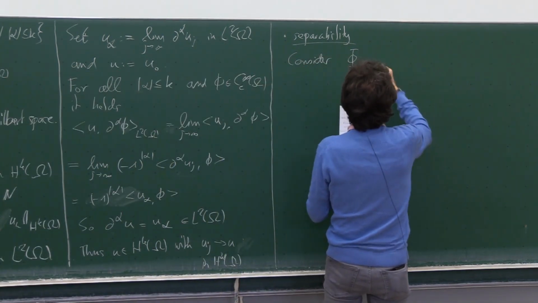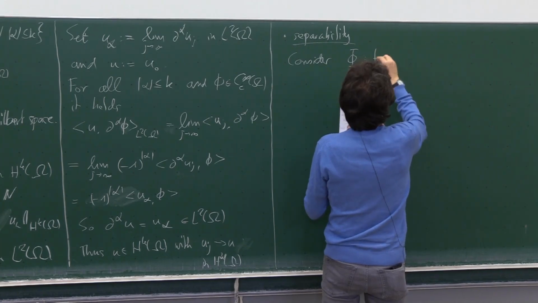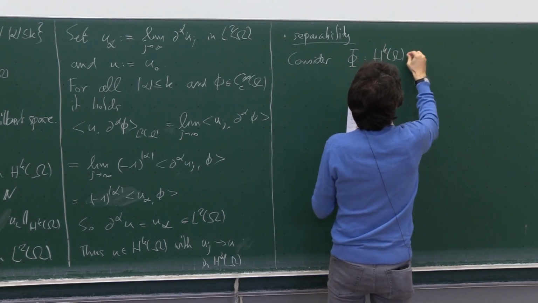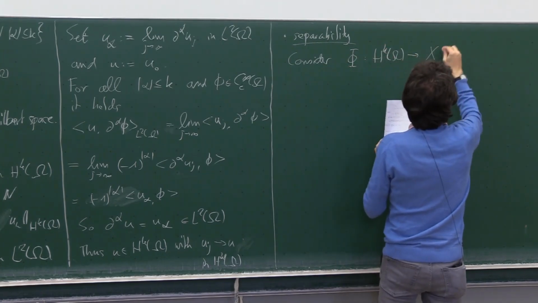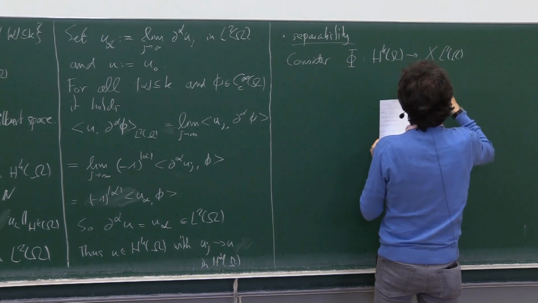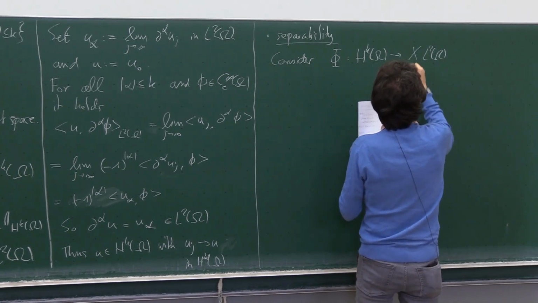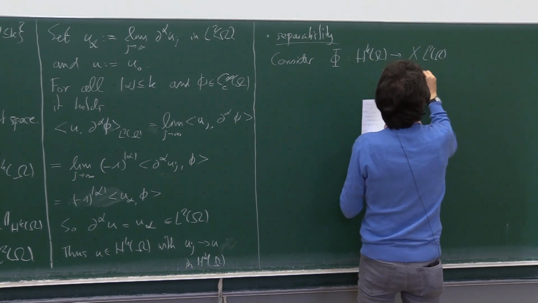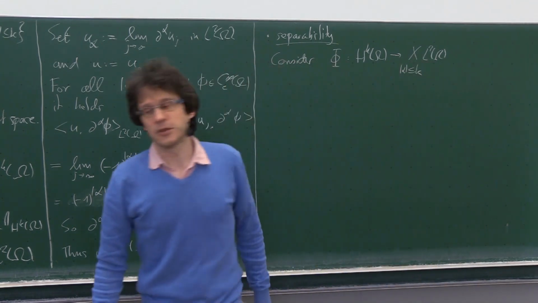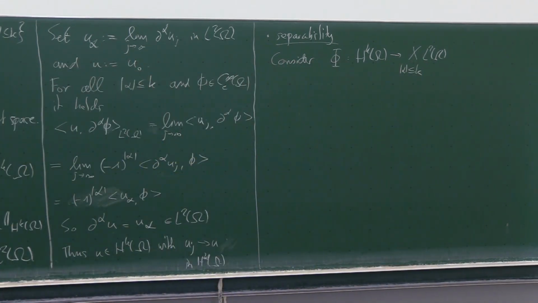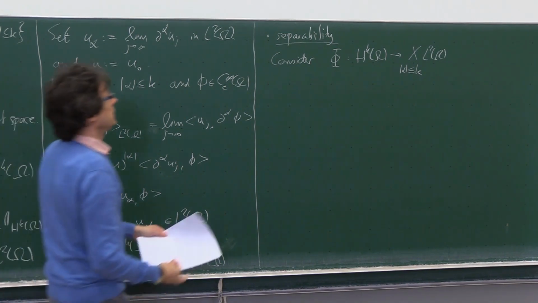So what we consider is the following linear map going from Hk to a Cartesian product of many copies of L2. So for every multi-index of length less than k, you take a copy of L2 and you make a Cartesian product out of them.